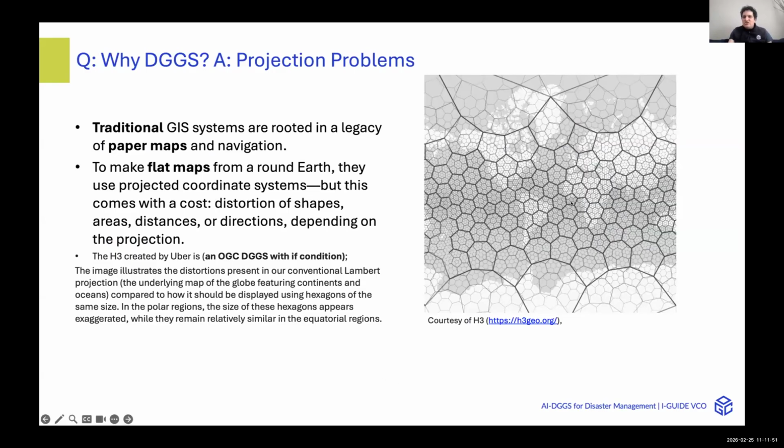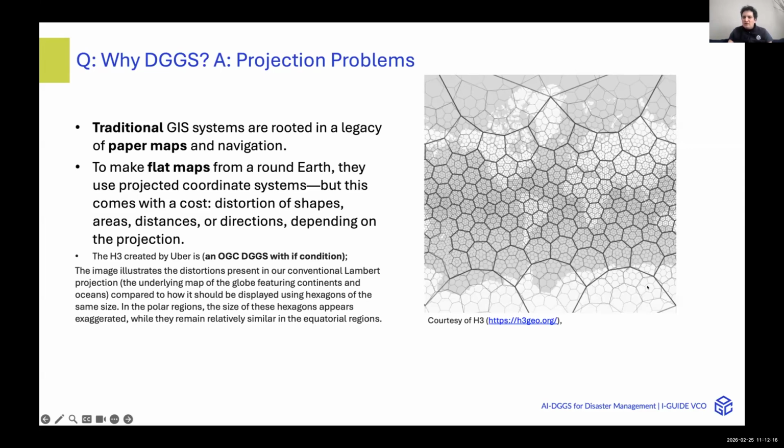This image is an H3 representation of the whole planet, and you can see that each zone has almost equal area, because H3 is not fully equal area, but it is fairly equal area.